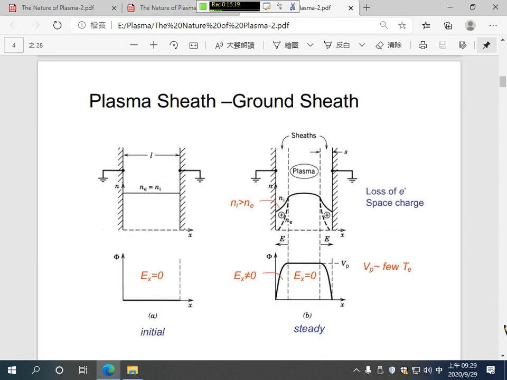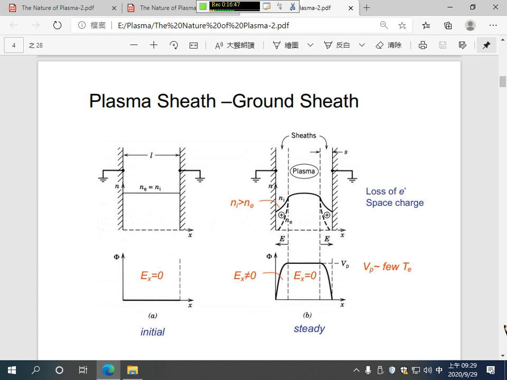This is the analysis of the first collective phenomenon, the plasma sheath. In these two figures, this is at the beginning, at initial. Suppose there is a plasma with a very, very large size, a very large volume.